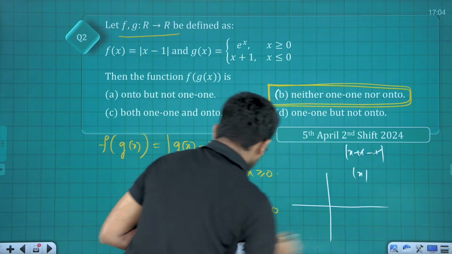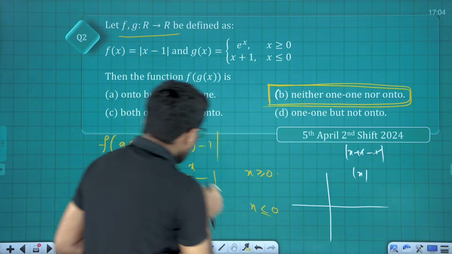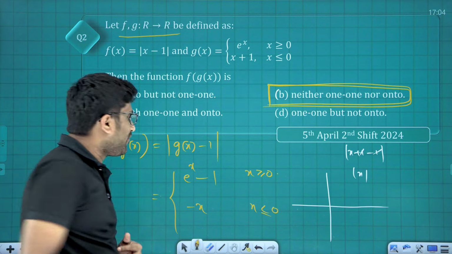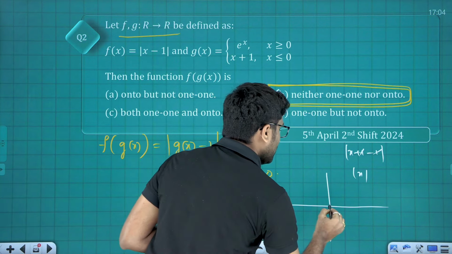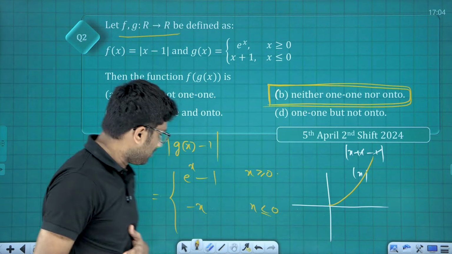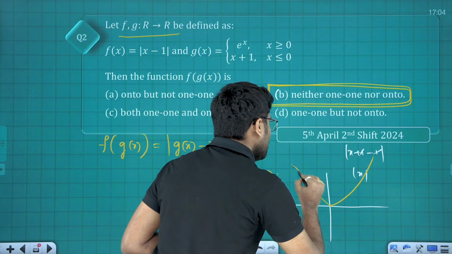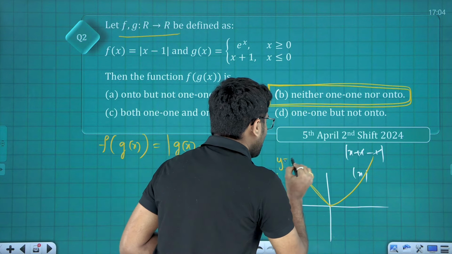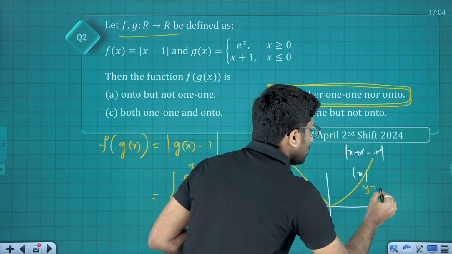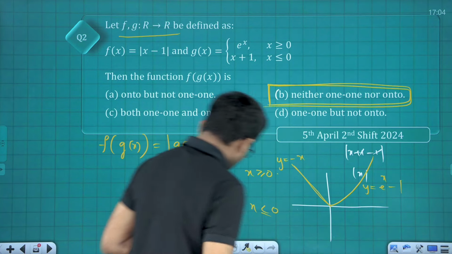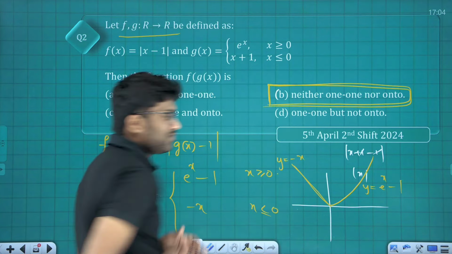See this, friends. By graph also, we know the e power x minus 1 graph. The graph of e power x minus 1 starts with an exponential graph, like this it will be. And y is equal to minus x graph is a straight line. This is y is equal to minus x graph, and this is y is equal to e power x minus 1. Now look at this graph.